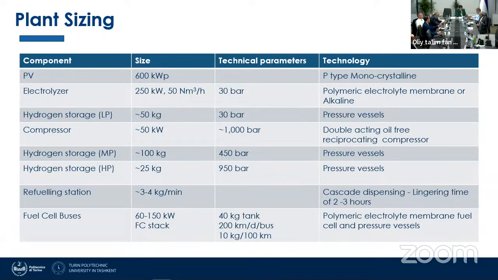The refueling station has the capability to feed the buses with 3-4 kilograms per minute of hydrogen, so quite fast. In 10 minutes, we can complete the refueling of a bus whose tank is around 40 kilograms. And also the lingering time is 2-3 hours. It means that after 2 or 3 hours, we can again do another refilling. So if there is another bus that needs to be refueled, the technical capability of this setup is able to provide this kind of performance.